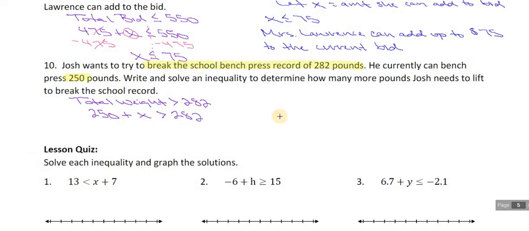So our let statement defining the variable is let X equal weight. I should actually probably write additional weight needed to break the record.